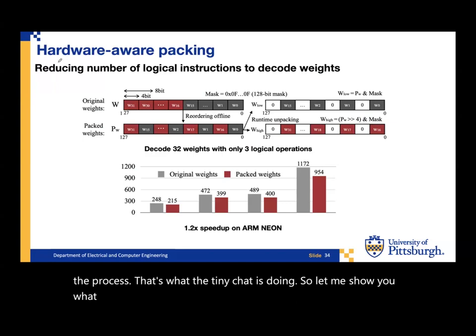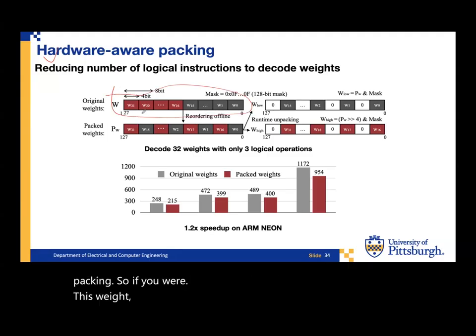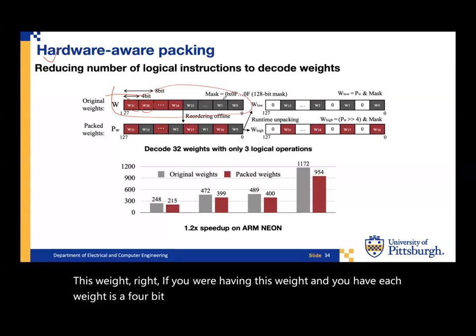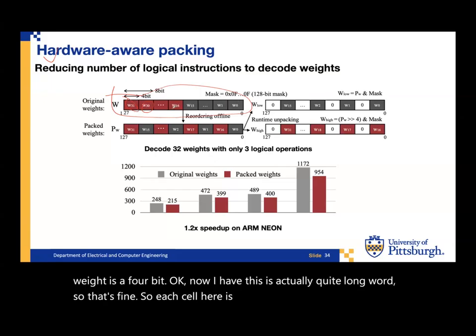So one technique in TinyChat is this hardware-aware packing. If you were having this weight, and each weight is 4-bit, okay. Now I have, oh, this is actually quite a long word. That's fine. So each cell here is 4-bit. I have so many weights.